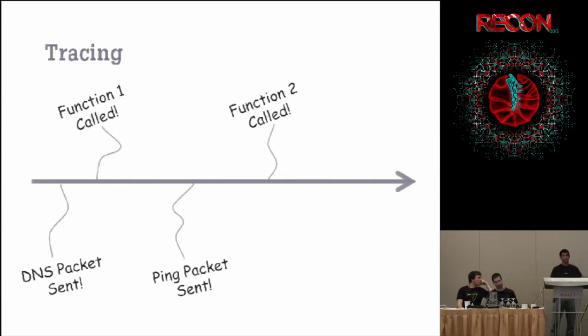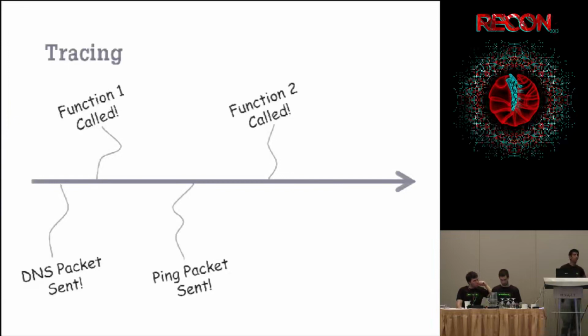And this would be a great candidate to send packets up to the air ourselves. So we went on and wrote a firmware that can log both packet sends and function calls on the same timeline.